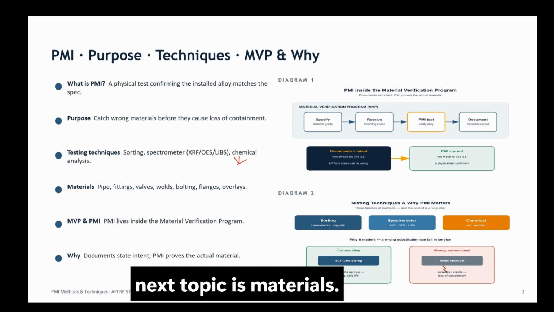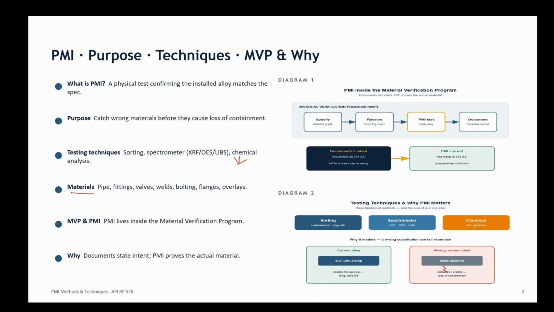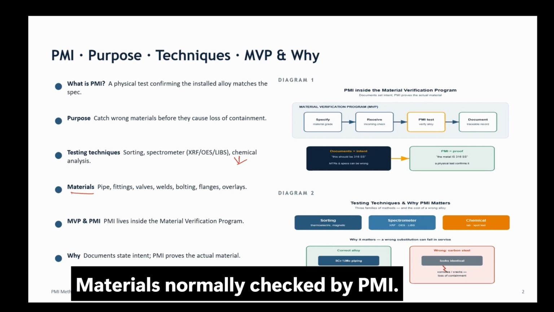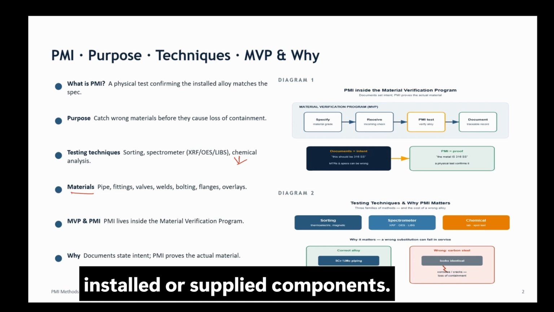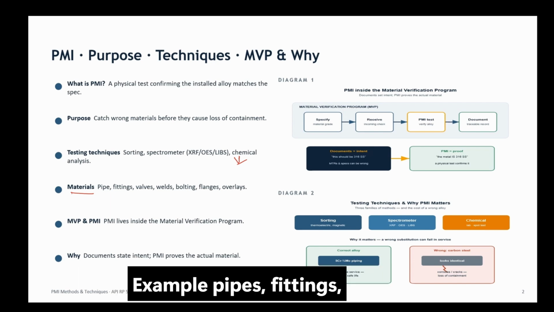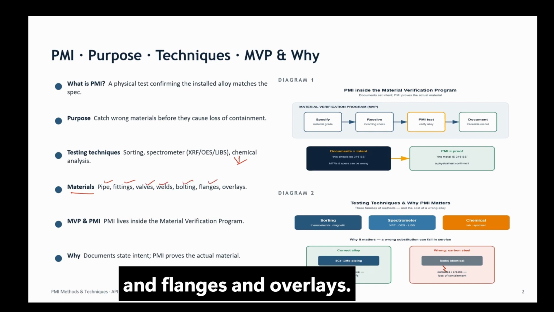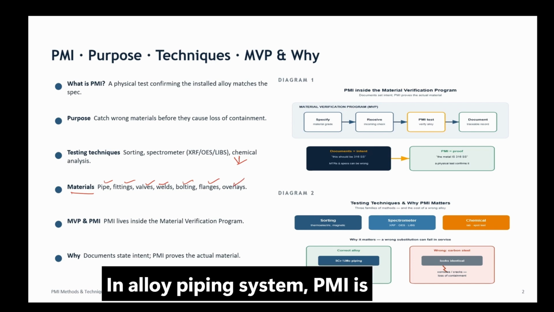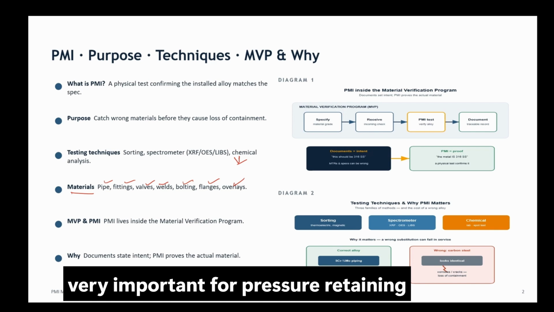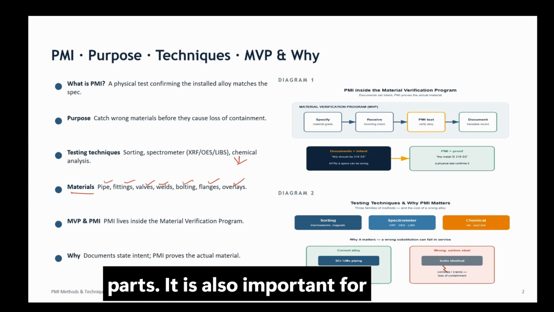And the next topic is materials normally checked by PMI. PMI can be performed on many installed or supplied components, for example pipes, fittings, valves, welds, bolting, flanges, and overlays. In alloy piping systems, PMI is very important for pressure retaining parts.